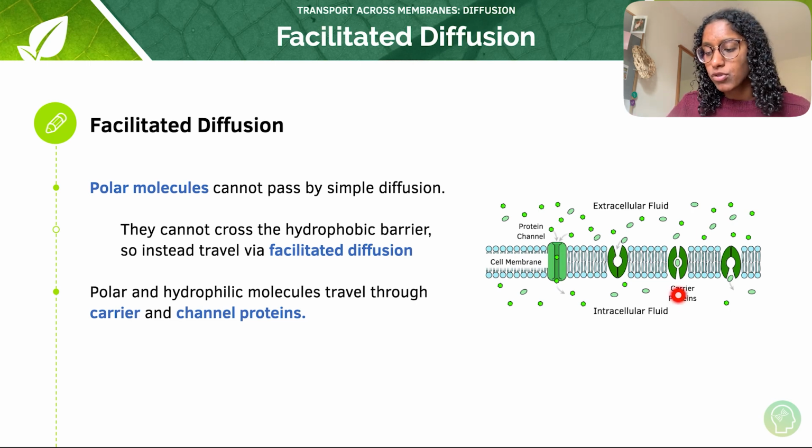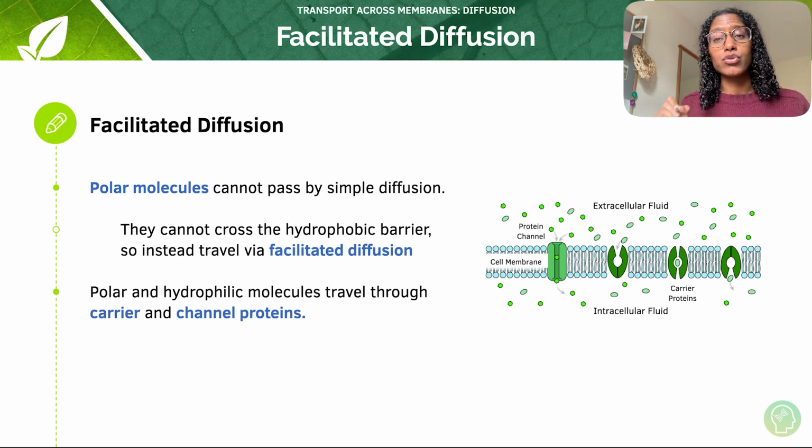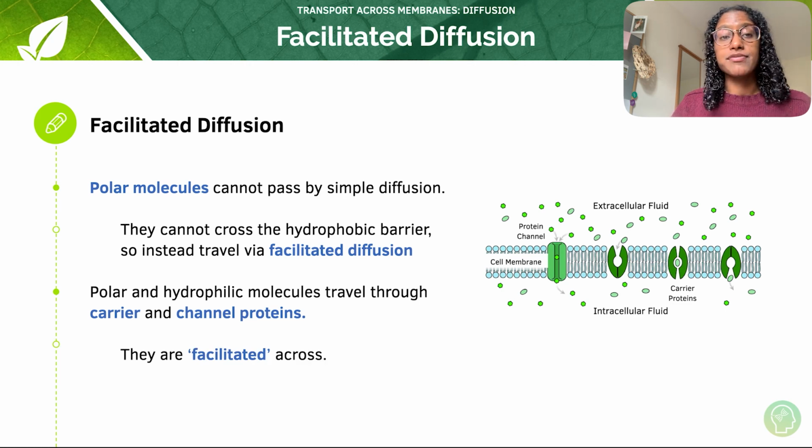Instead they have to travel through the carrier proteins, which allow this to happen. So polar and hydrophilic molecules travel through carrier and channel proteins. They are facilitated across, or helped across.